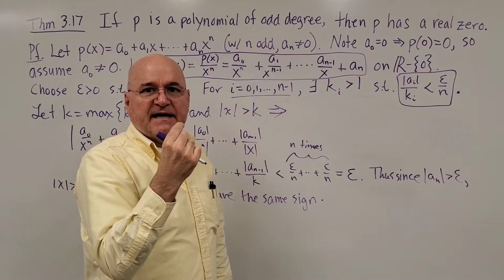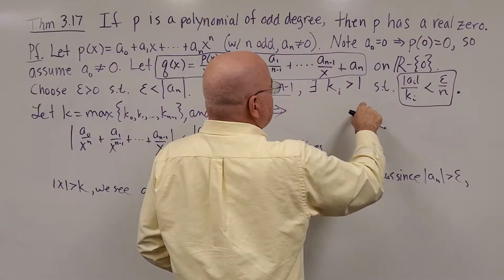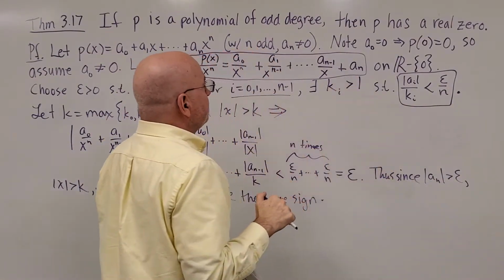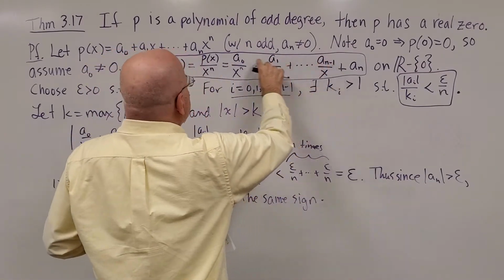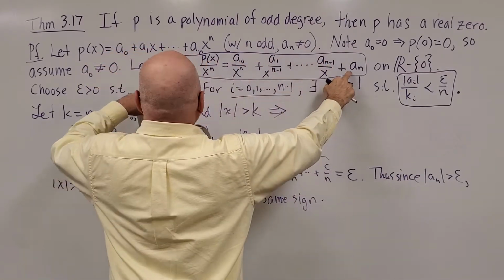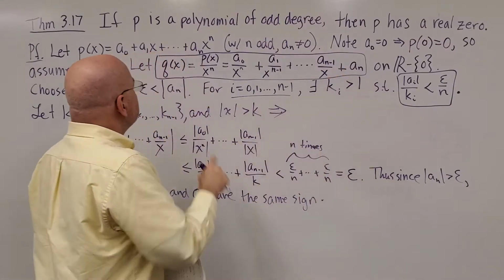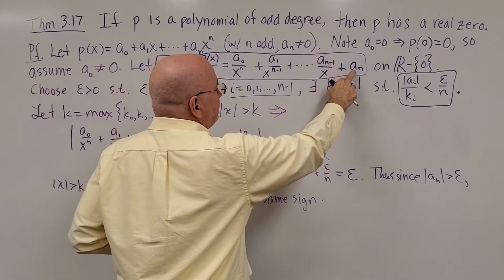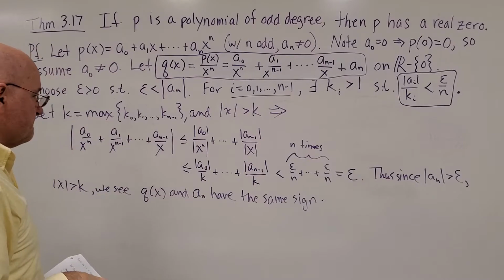They're very, very tiny. Epsilon is less than a_n. If that's really tiny, you can make it as tiny as you want. These two have to have the same sign. Q of x and this will have the same sign.